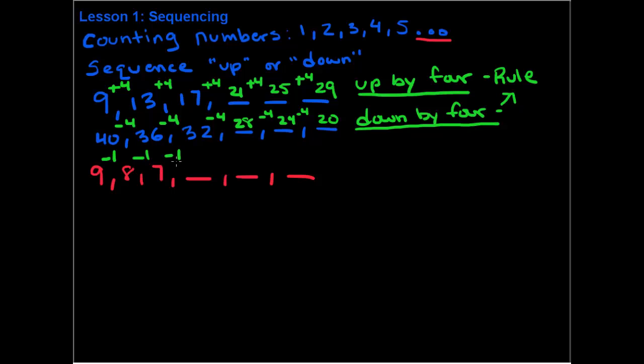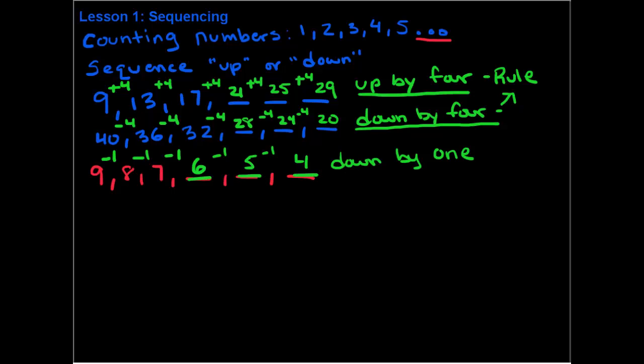So I'm just going to continue on with that pattern. 7 minus 1, 6. 6 minus 1, 5. 5 minus 1 is 4. So not only did I find the missing numbers, I know that my rule is down by 1. And so my answer is 6, 5, and 4, and down by 1.